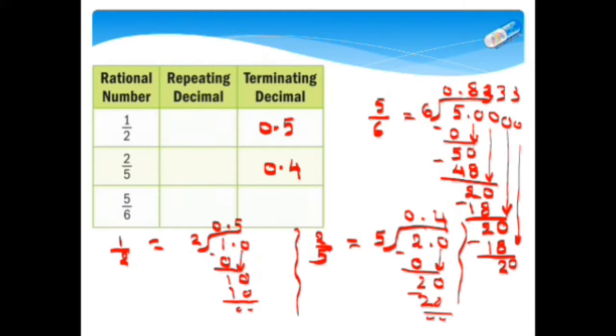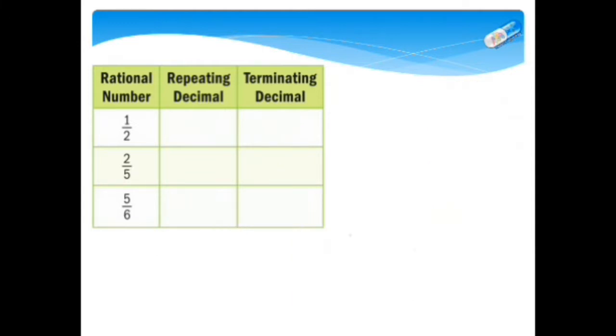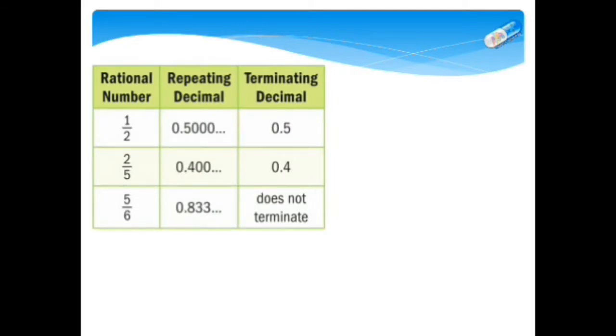So 0.8333. So we'll put here repeating decimal. It's 0.8333 and so on. So it's not terminating, so it is 0.8333 and 3 continues like this. So here's the answer.